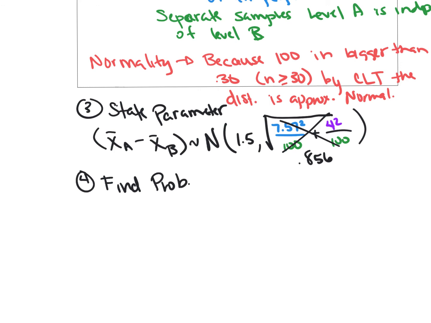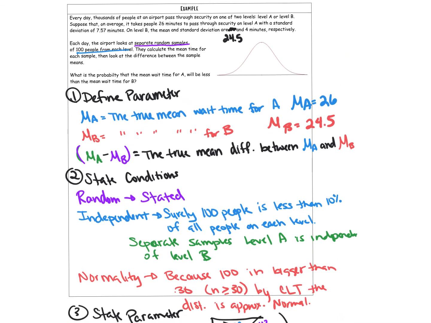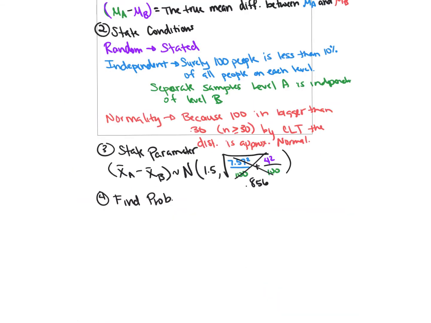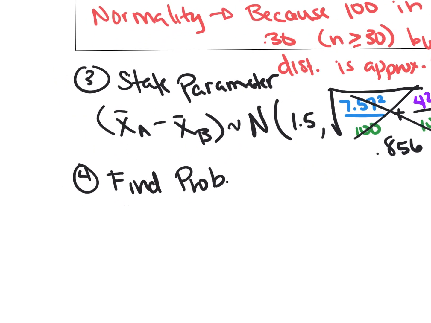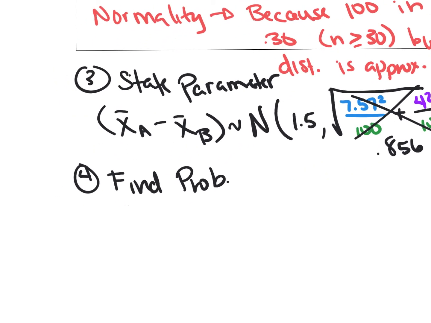Find a probability. The question was, what is the probability that the mean wait time for A will be less than B? Remember, we already defined that, so the probability that the mean wait time for A, x bar of A, will be less than x bar of B. In this case, the difference will be negative, less than 0.